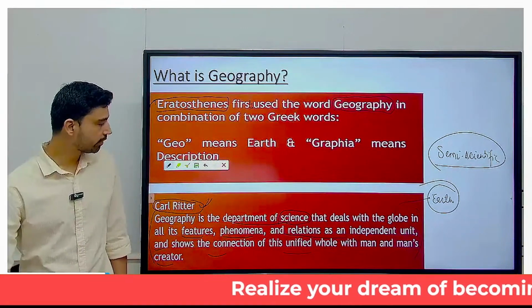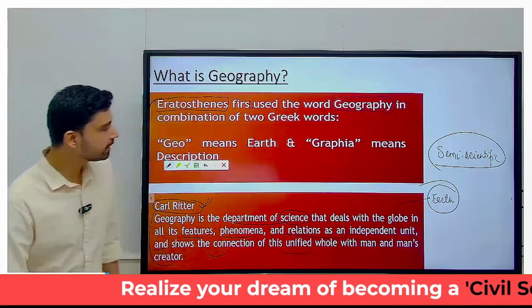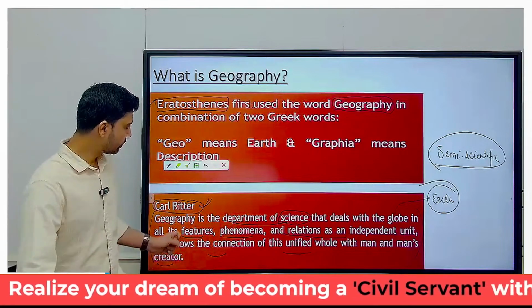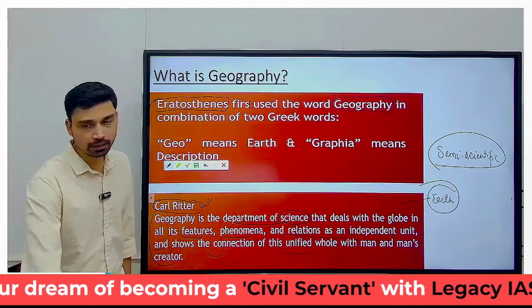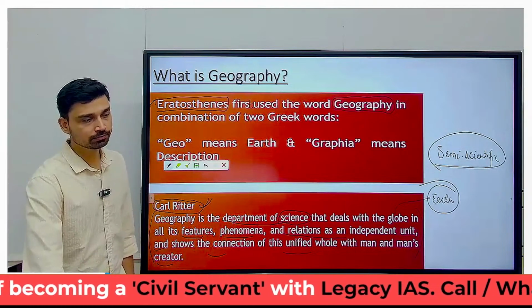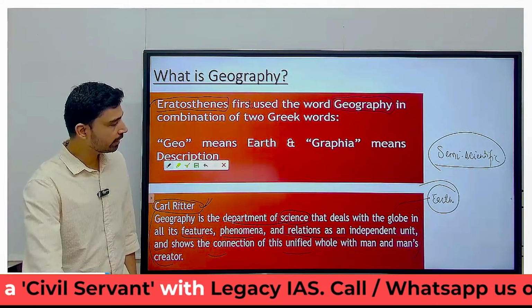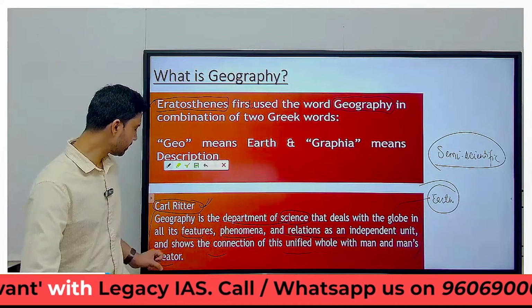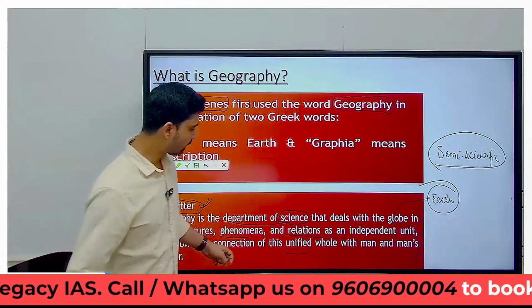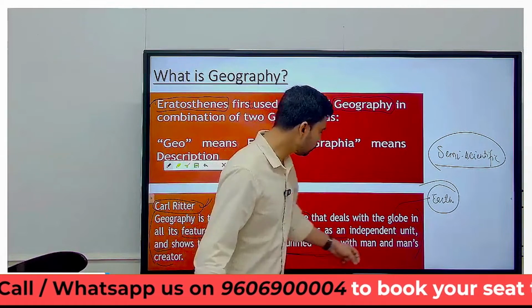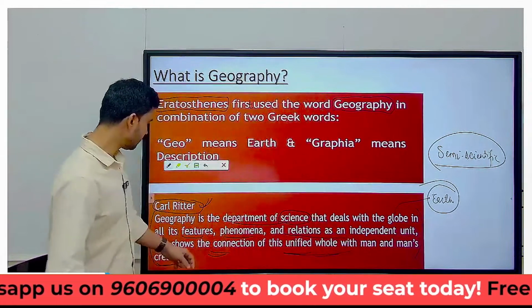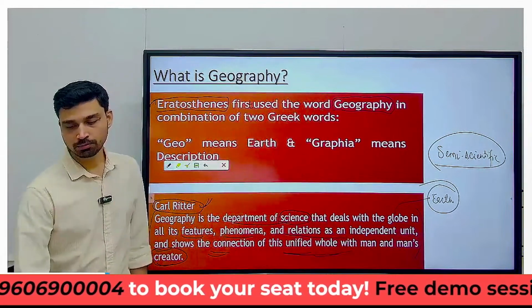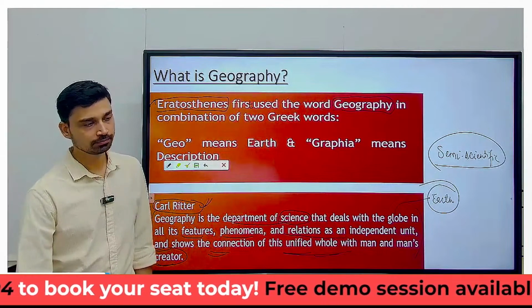Okay, that is the definition. The department of science that deals with the globe in three things: features, phenomena, and relations. Features, phenomena, and relations as an independent unit, and shows the connection of this unified whole with man and man's creator.